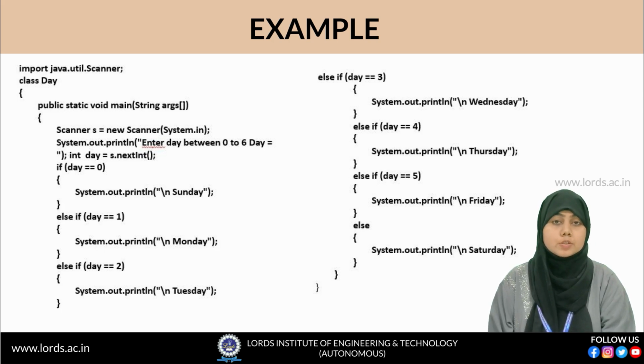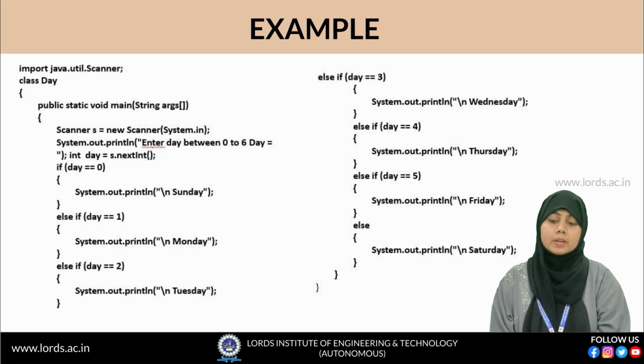Inside the main method, I need to create the object of the Scanner class, and inside the constructor of the Scanner class I am passing the parameter System.in, the predefined input stream. Okay, and as we are showing "enter day between 0 to 5", we are giving this command to the user using System.out and the println method.